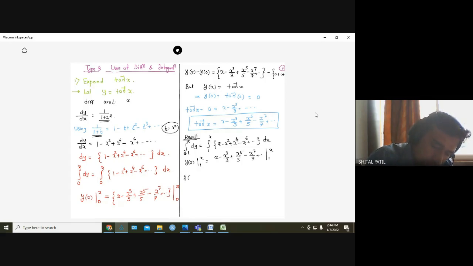This is y of x minus y of 1 equal to x minus x cubed by 3 and so on, minus, substitute 1, minus 1 upon 3 plus 1 upon 5 minus 1 upon 7, isn't it?